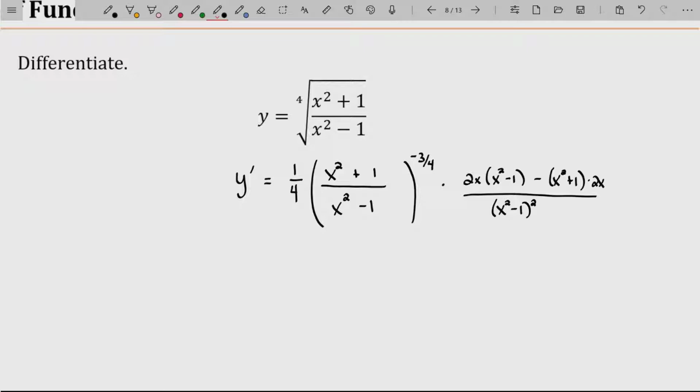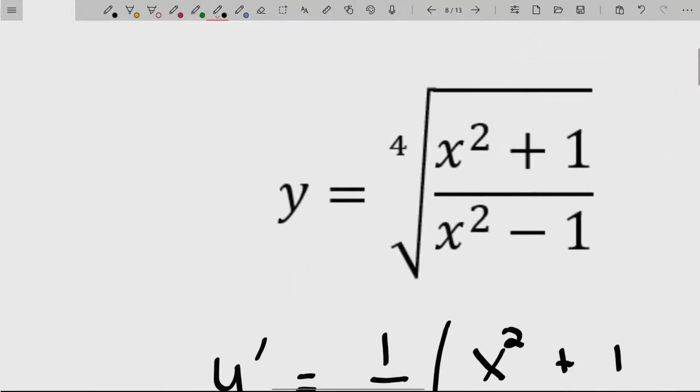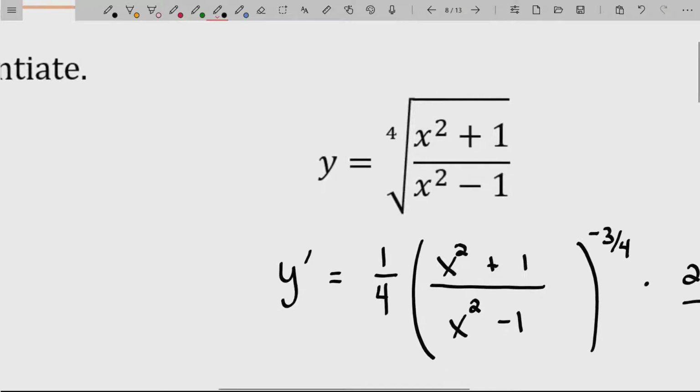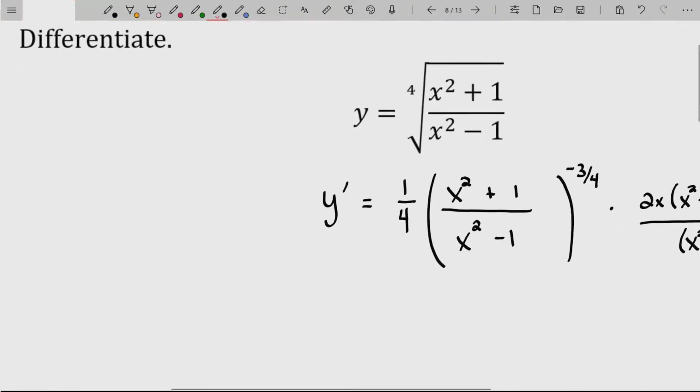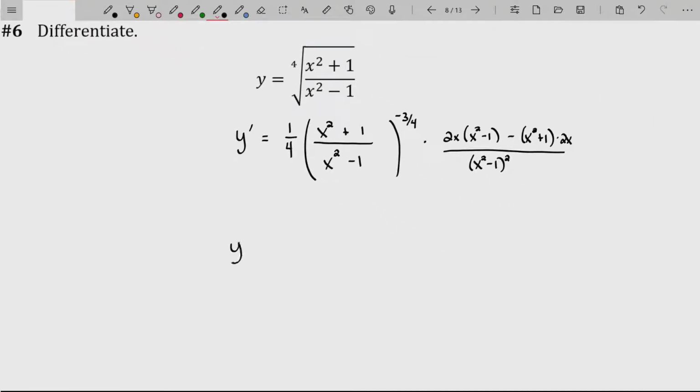Heck yes. If you know the output is positive, which it is because y is equal to the 4th root of something, and it's not going to be 0, then you could start by taking the logarithm of both sides. Now, why in the world would you want to start that problem by taking a logarithm of both sides?